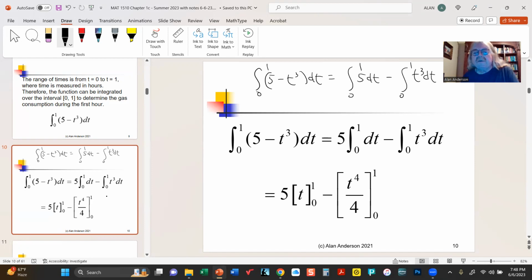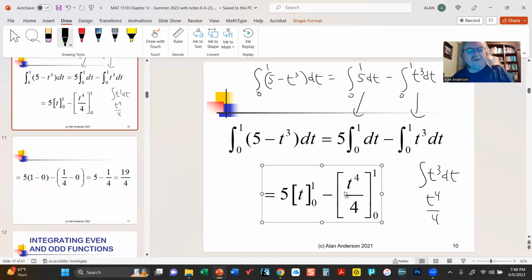And then, of course, here we can move that 5 outside of the integral, and we end up with this expression. Then we can use the power rule. The integral of dt is just t. The integral of t cubed would be t to the 4th over 4. And so that's what we have. We evaluate between 0 and 1.